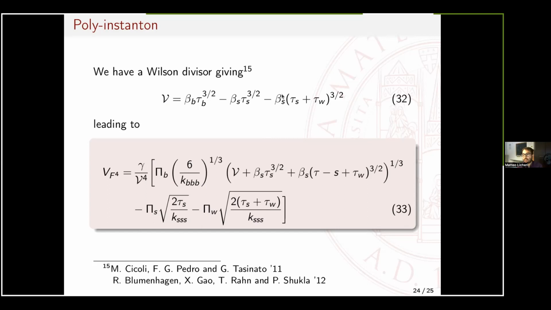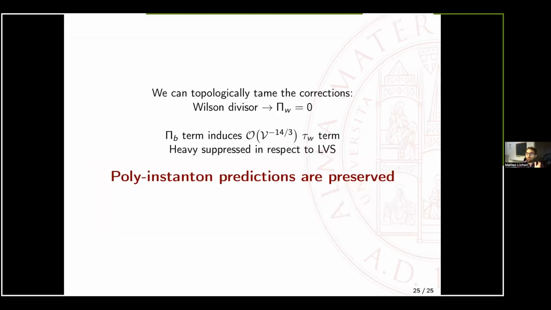So we must ask if these corrections are dangerous or not. We found in the scan Wilson divisors which allow for pi equals 0. I remind you that it was the case where h11 was equal to 2. So these are the only cases where the Wilson divisor is equal to 0. So we can topologically tame these corrections.